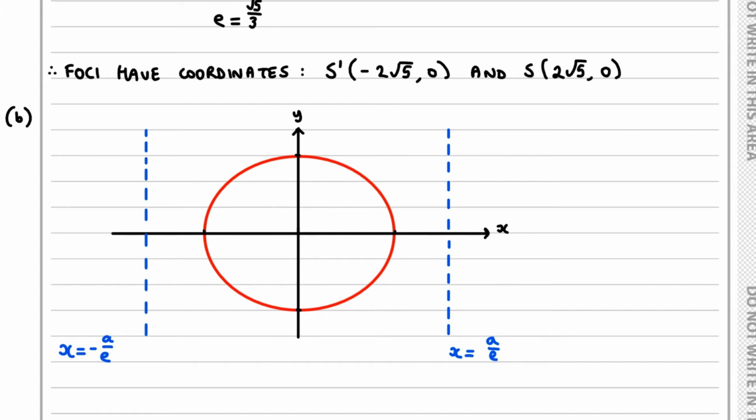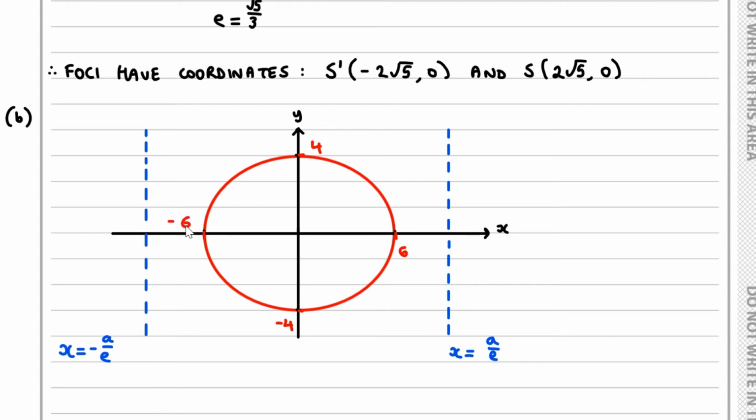Now, if we add on our foci, well, first of all, you can see that the ellipse crosses the x-axis at positive 6 and negative 6, positive 4 and negative 4.